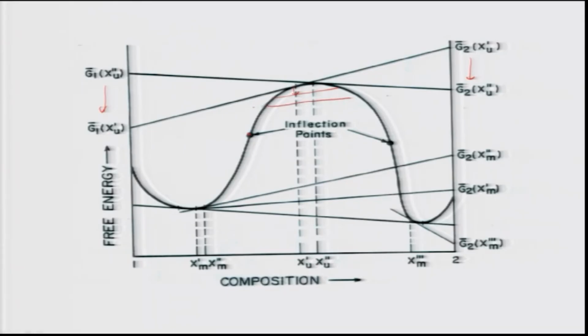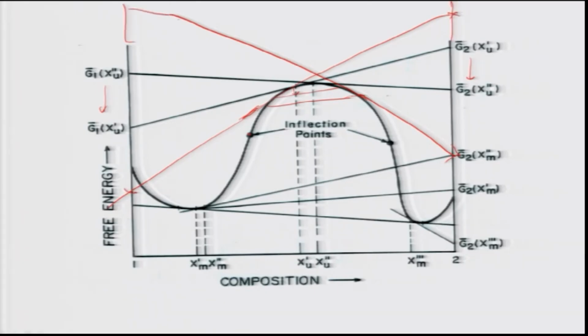So you can see here, if I draw a tangent here, this is the chemical potential here, and if I draw a tangent here, the chemical potential will be like this. So chemical potential of component 1, chemical potential of component 2. So it is getting reduced, right. In the A-rich region, the chemical potential of component 1 is very low, and in the B-rich region, the chemical potential of component 2 is also low, correct.